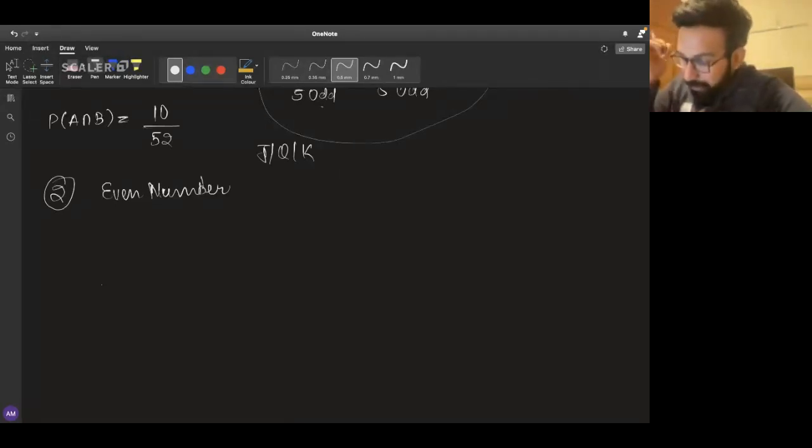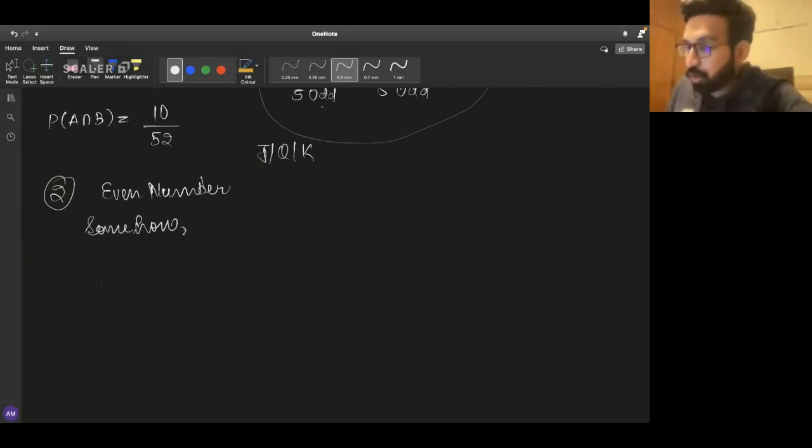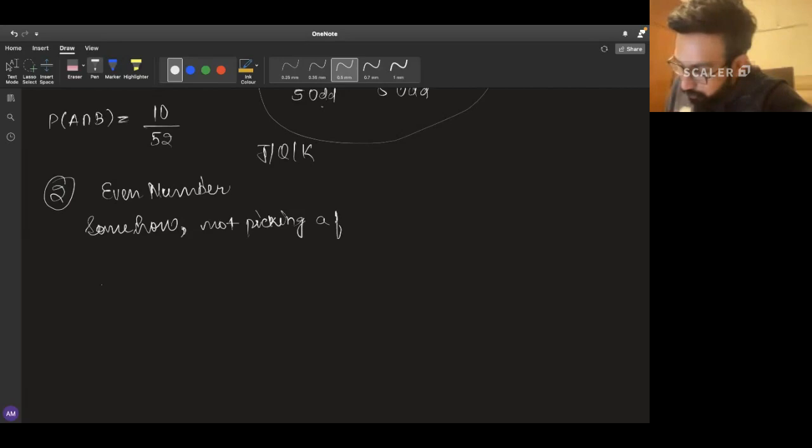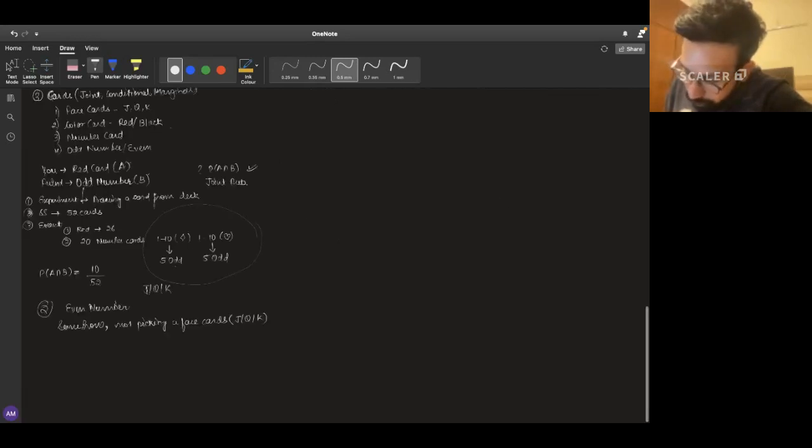This time, somehow you get to know that the host is not going to pick a face card. What are face cards? As I mentioned, J, Q, K.